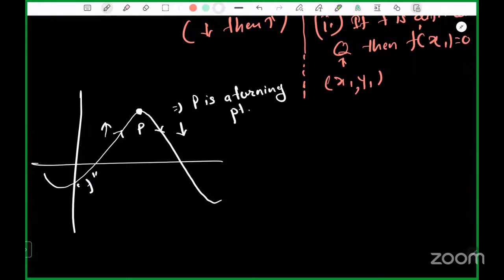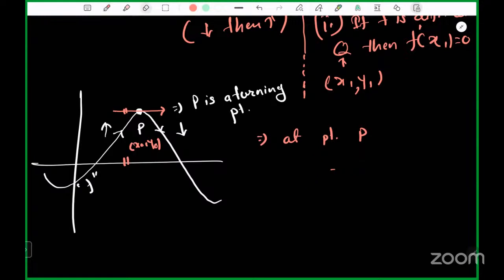But we can easily observe that at point P, the function is also differentiable. And if we draw a tangent at point P, this tangent is parallel to the x-axis, right? So we can say that at point P, the derivative of f is 0. If you assume x0, y0 are the coordinates of point P, f dash at x0 is equal to 0.